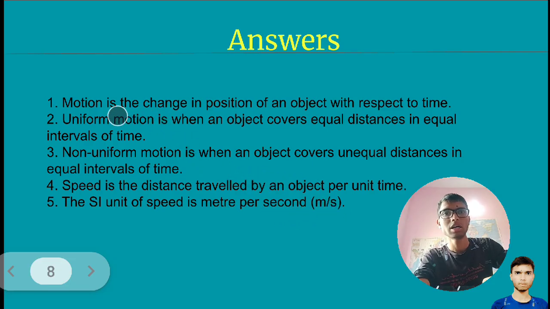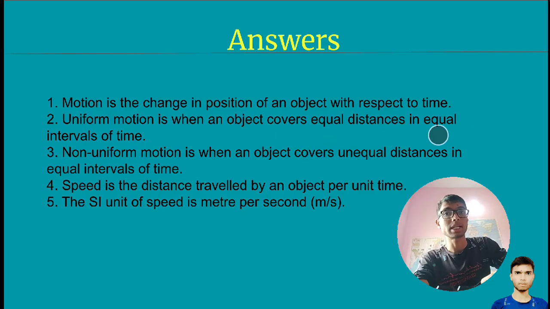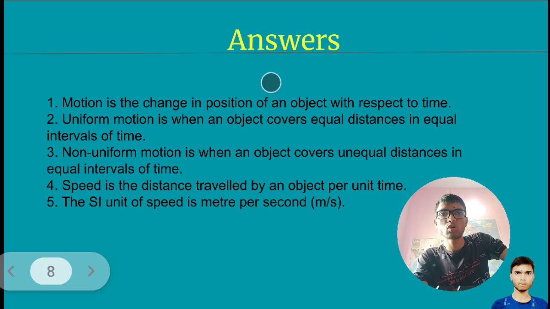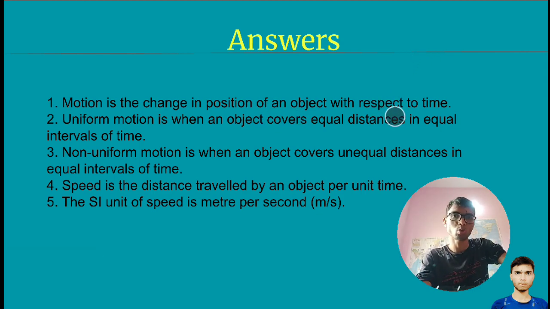As I told you, motion is the change in position of an object with respect to time. It is a standard meaning from the textbook language. Uniform motion is when an object covers equal distance in equal intervals of time. This is the meaning of uniform motion. Again, it is a standard meaning, and if you are confused, then this is for you.